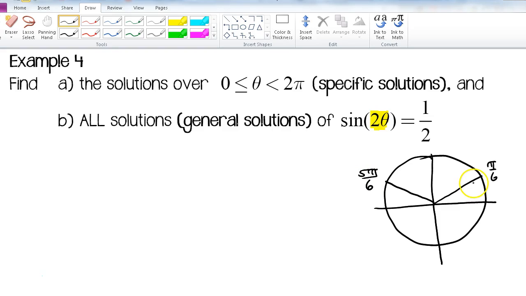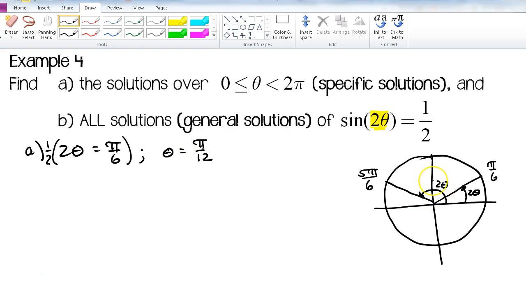So what this tells us now, this angle here is actually 2 theta, and this angle here is also 2 theta, because we have multiple solutions as we go. So we have to figure out what to do to solve for theta. In this case, we know that 2 theta is equal to pi over 6, and then if I want to solve for theta, we'll multiply both sides by a half, so that we get theta is equal to pi over 12.